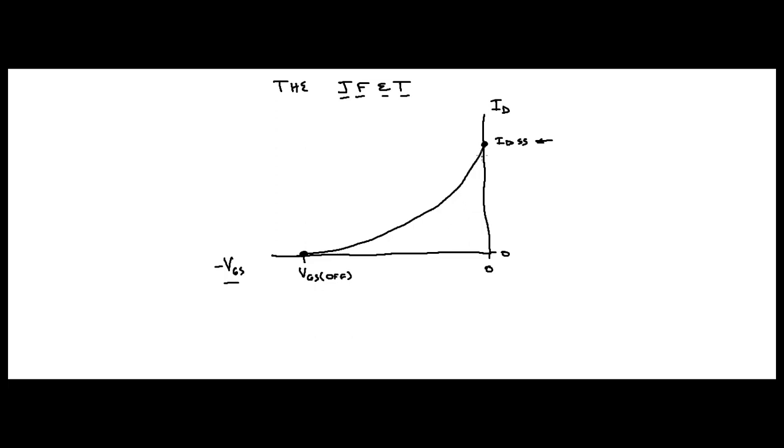With IDSS, if you divide IDSS in half, this is IDSS over 2. Whatever this current is, if you take half of it, you come over here, and then you come down.